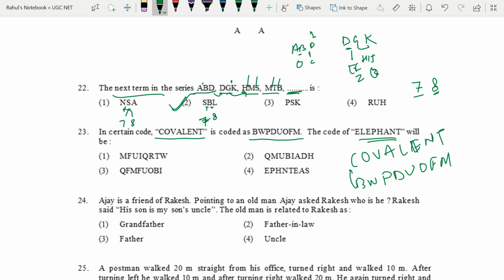B plus 1, C, but we need to configure it with complete sense, right? Covalent, PDU, ENT, OFM, BW.